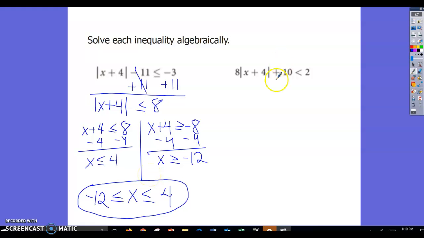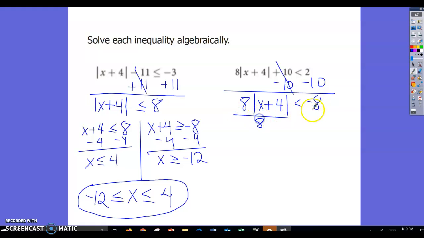All right, let's look at the next one. Let's subtract 10 from both sides. We're going to have 8 times the absolute value of x plus 4 less than -8. Divide both sides by 8. The absolute value of x plus 4 less than -1. Think about this: absolute value is a V-shaped graph going up.